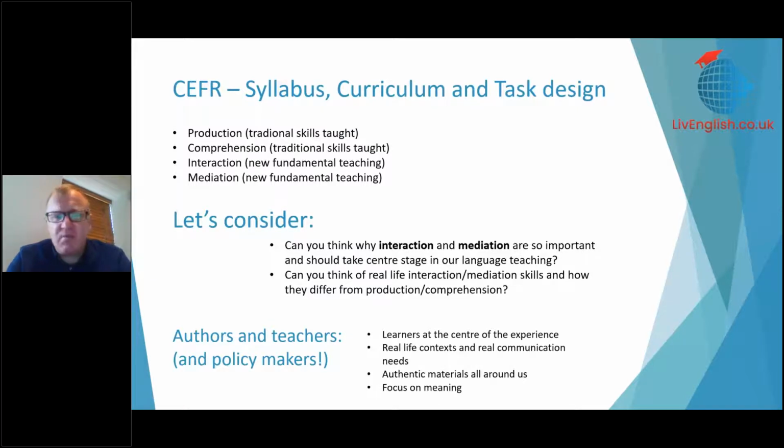What I also always recommend to teachers, and what I try to take on board in my own experience as a teacher, is to use real life context and real communication needs in the classroom. Now, this is not always easy to replicate in the classroom. You can argue it's always a bit of a simulation.